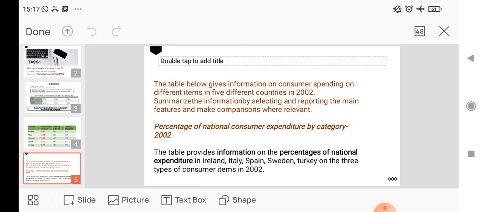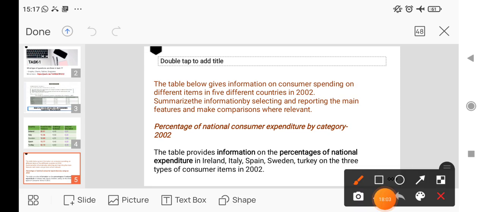Let's see that here. So you want to select and report the main features. That's what we are going to do in the next paragraph.